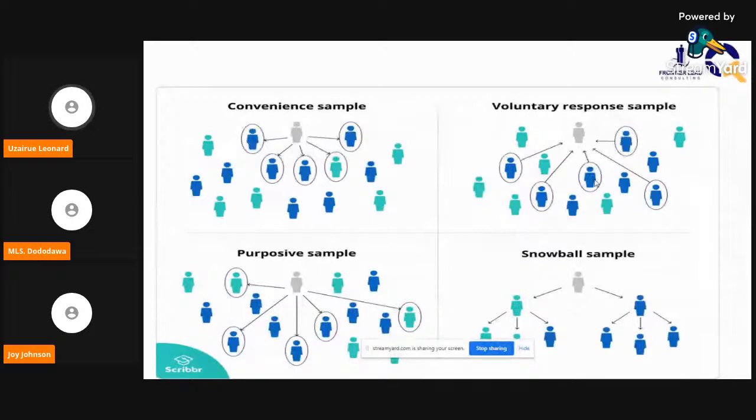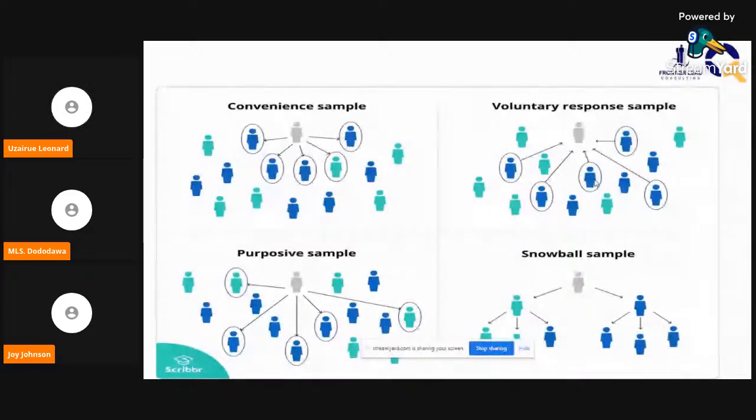Then the next one is snowball sampling. This has to do with when the population is hard to access. What snowball sampling tries to do is to recruit participants via other participants.